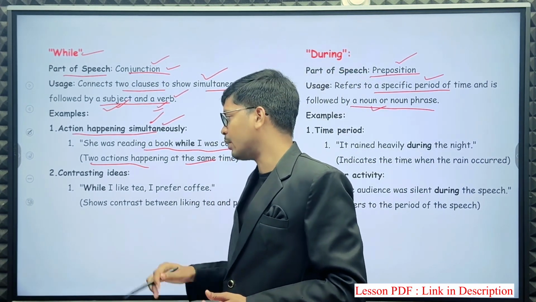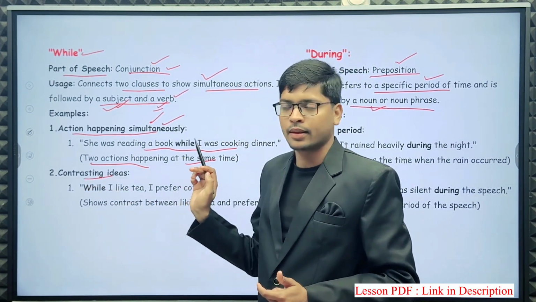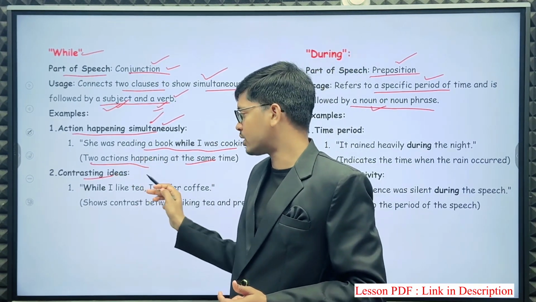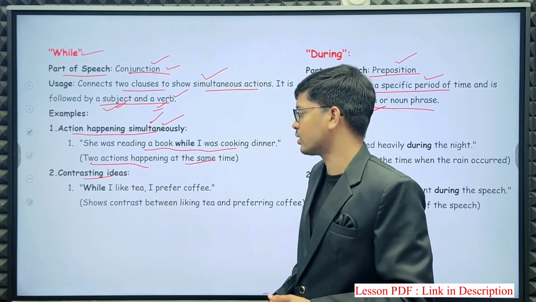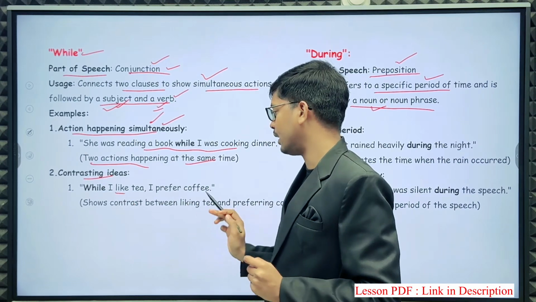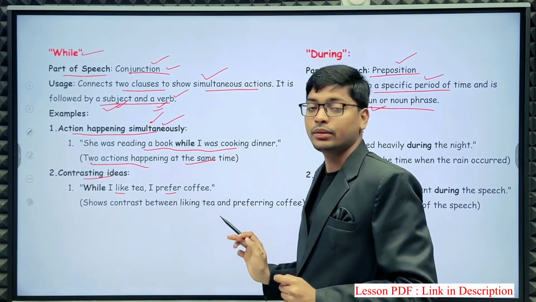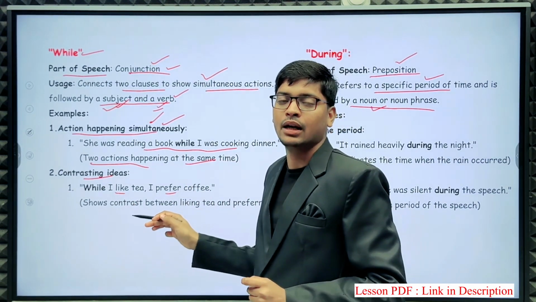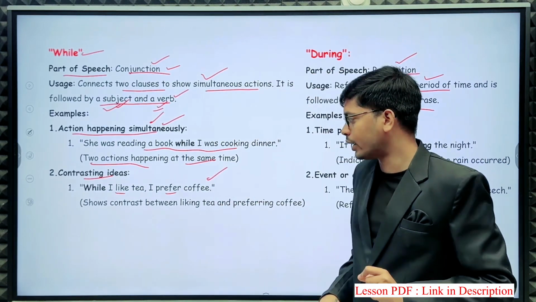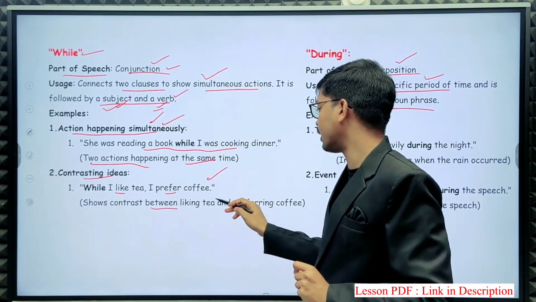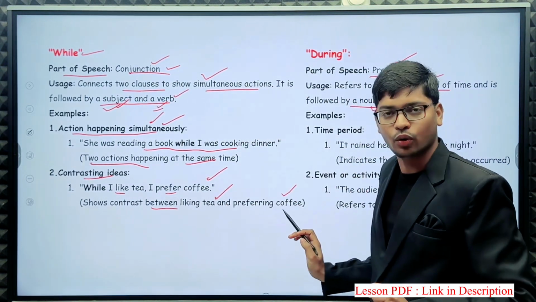The next example is related to contrasting ideas. While I like tea, I prefer coffee. It shows contrast between liking tea and preferring coffee.